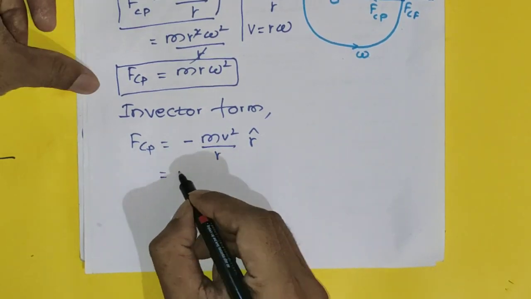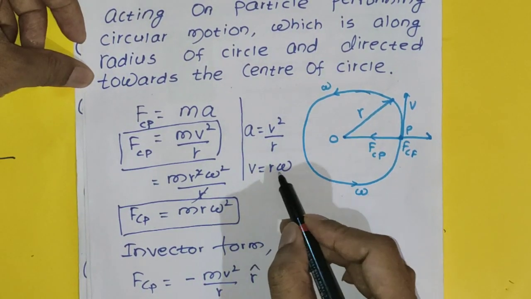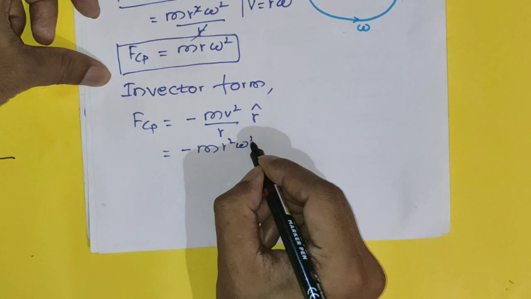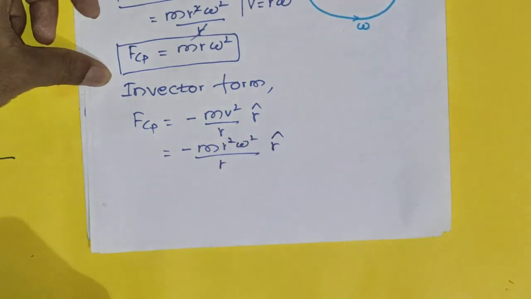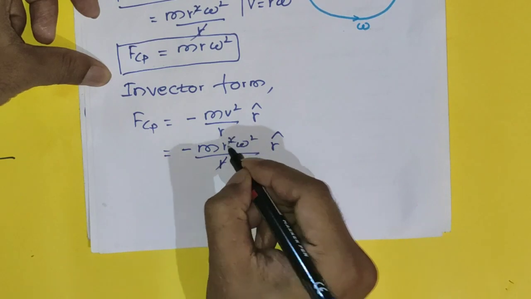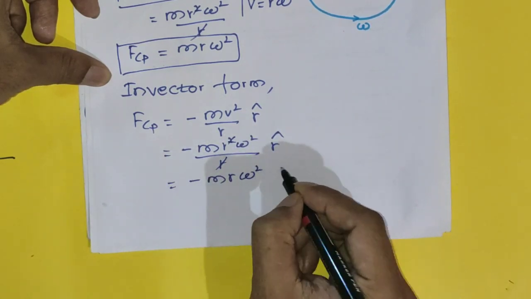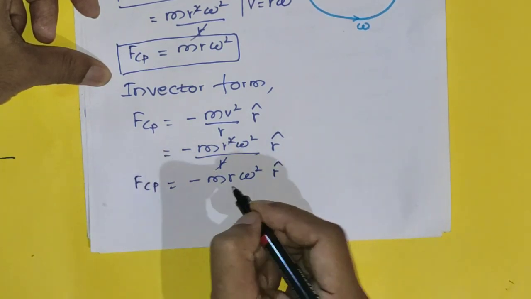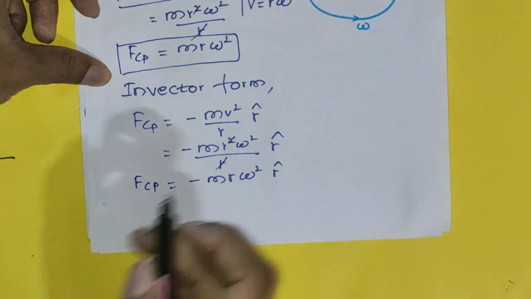Now, minus m. Similarly, we will put the value of v, that is r omega, r square omega square divided by r into r cap. So here r will get cancelled: minus m r omega square into r cap. So Fcp is equal to minus m r omega square into r cap.